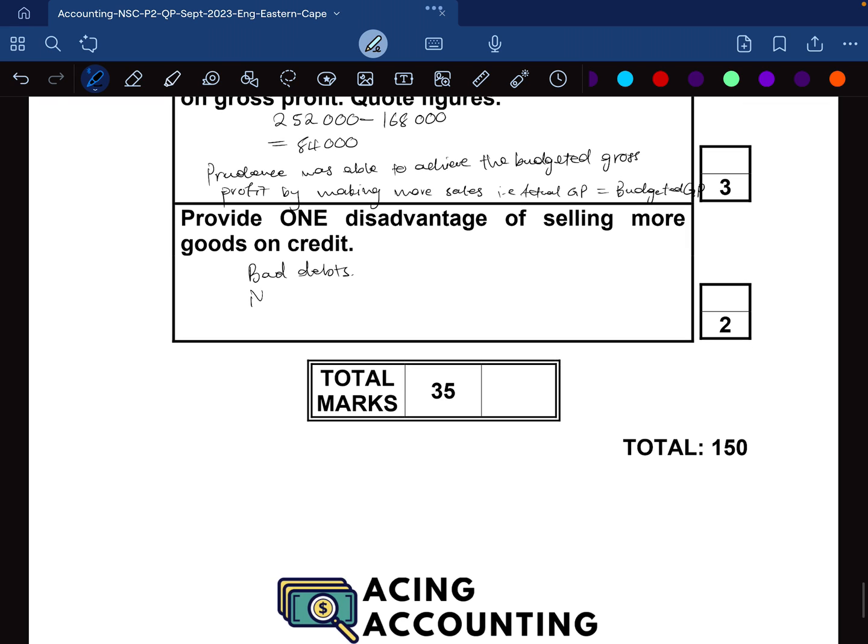So it would have a negative impact on cash flows. All right, so you're only required to give one disadvantage, which was worth 2 marks.